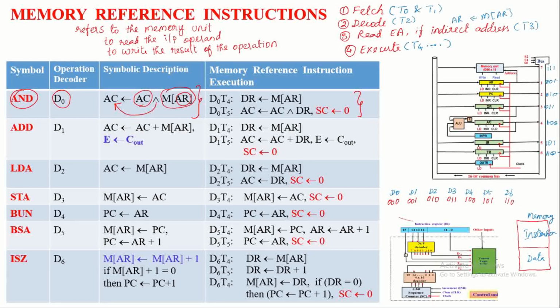Since one of the operands is taken from the memory unit, and there is no direct path to receive the content from the memory unit to the ALU, first during the timing signal T4, the content needs to be transferred to the data register.